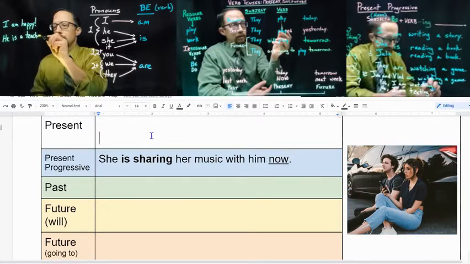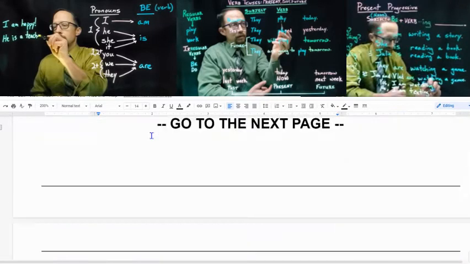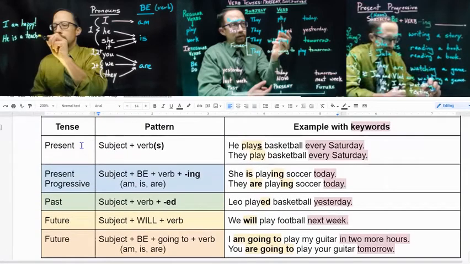All right, present tense, she, and remember, let's go back up to our notes. She is 1 person in the present. We are doing present tense, 1 person, he or she, 1 person. We have to put the S. We need an S.